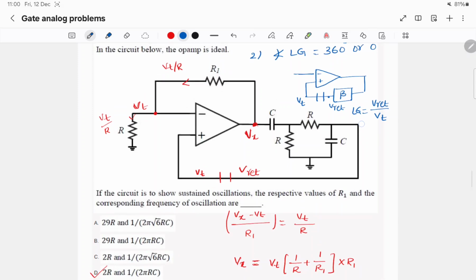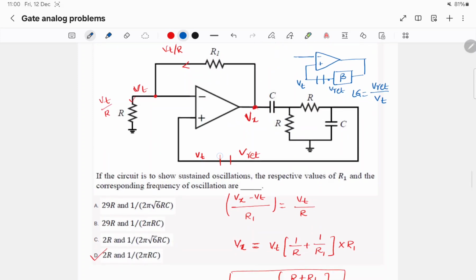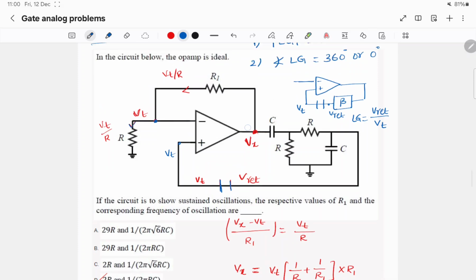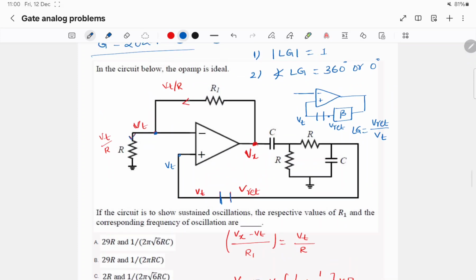Here in this question I am breaking the loop here and applying a test voltage Vt here. Because of negative feedback the voltage here will be Vt, and the current flowing in this resistor is Vt by R, and the same current will flow in the resistor R1.